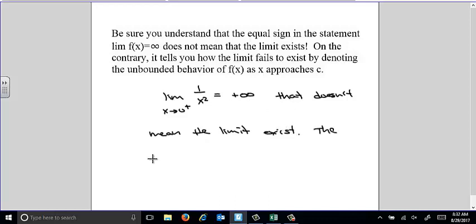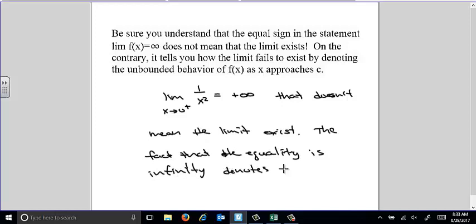The fact that the equality is infinity denotes that the limit doesn't exist.